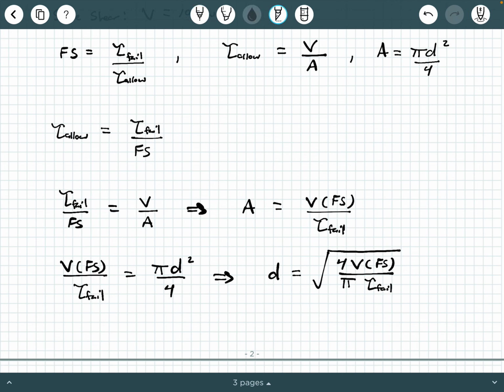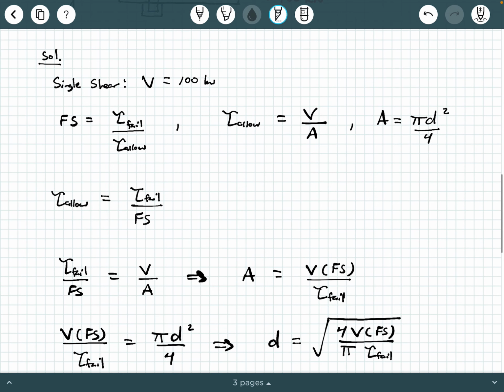Now, what I have here is a nice little compact closed form solution where all I've got to do is substitute in my values for V, factor of safety, pi, of course, and tau fail, and I'll be able to calculate that diameter directly.